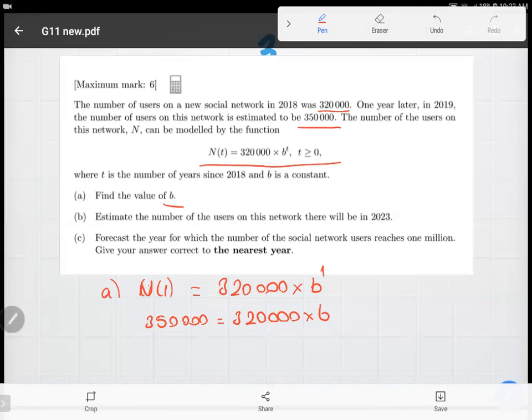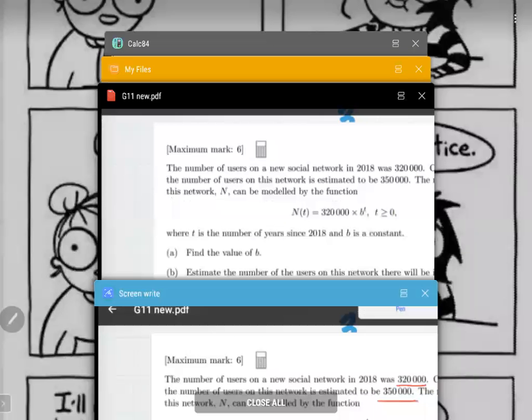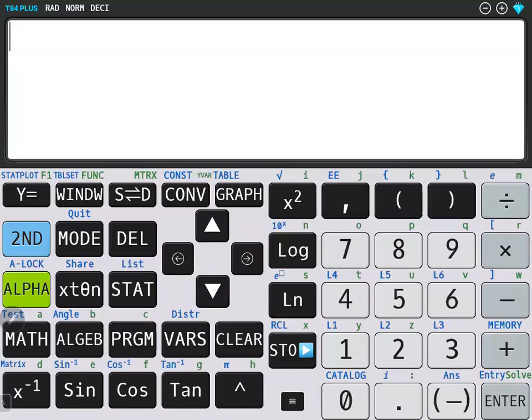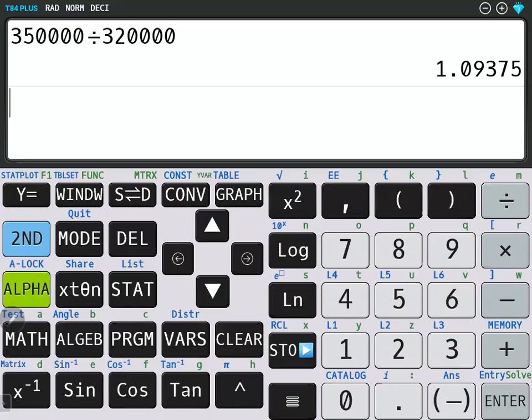Okay, let's open the calculator. 350,000 divided by 320,000, and then we get the answer 1.094.